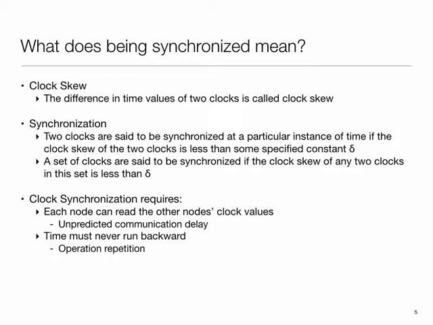So two clocks are said to be synchronized in time at a particular instant of time if the difference in time values that they are reporting is less than some constant delta. Now even here, I'm using the term clock skew, the difference in time values of two clocks. Even there you'll find that some people use skew to refer to frequency error, and some people use it to refer to offset between the clocks.